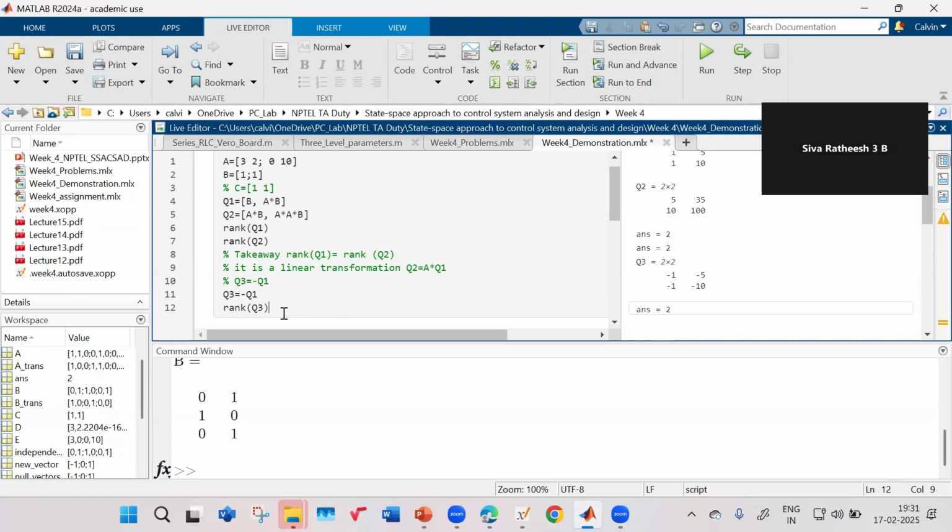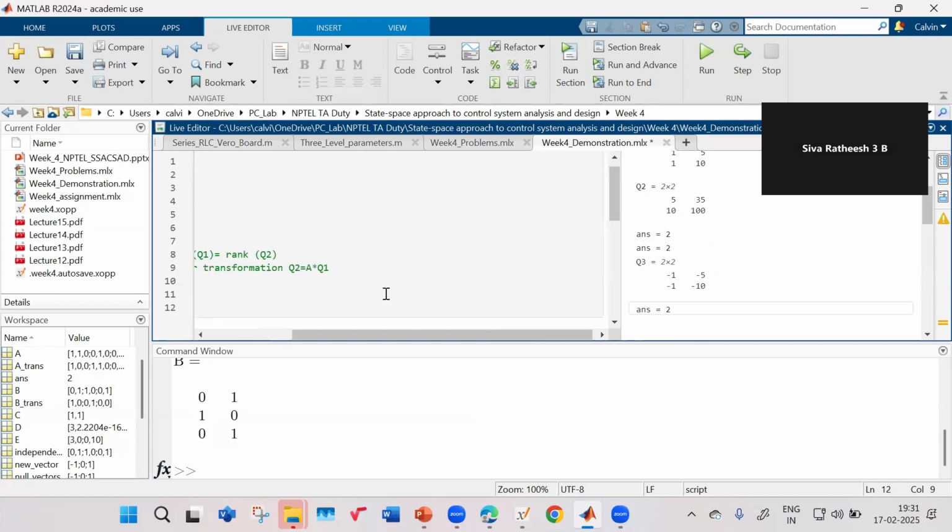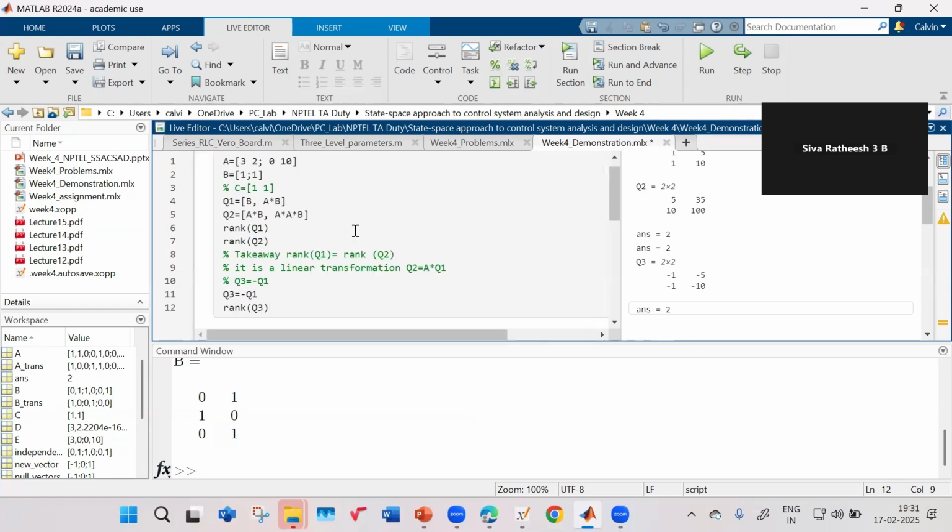That means when you have your controllability matrix Q1, you can multiply it by 1, by minus 1, by 5, by A, by minus A, and still your rank will not change. That is what you must realize.